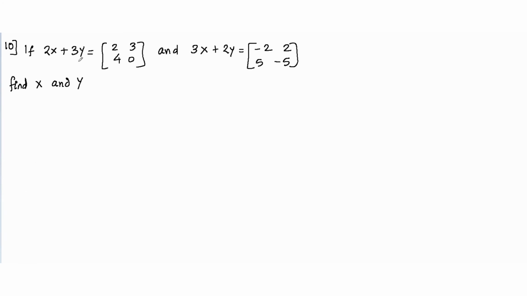So let's consider this question now, where the coefficients of X and Y don't match. So my first equation is 2X plus 3Y is equal to [2, 3; 4, 0]. And my second equation is 3X plus 2Y is equal to [−2, 5; 5, −5].